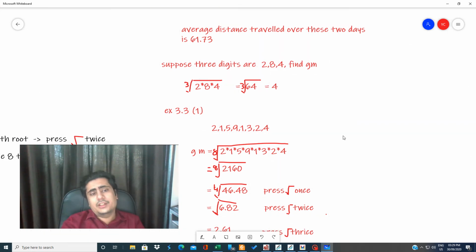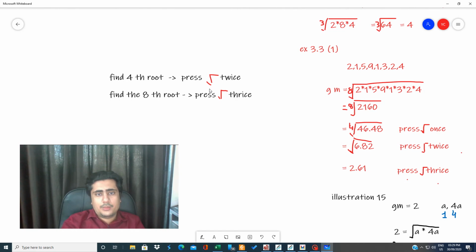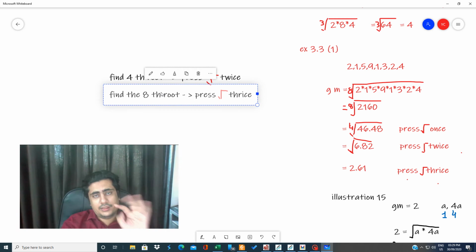If you want to find the fourth root, you can press the square root button only two times, not four times, obviously. Only two times in your calculator, then you will get the fourth root. If you want to find the eighth root, you can press that button three times in your calculator.